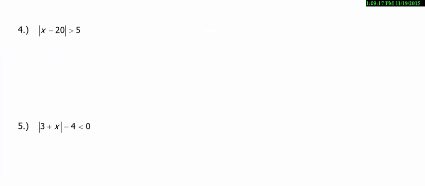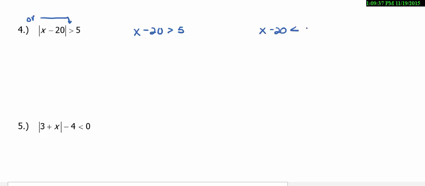Looking at number 4, it is a greater than symbol, so we know that this should be or for the compound inequality. We have our positive case after we drop the bars, x minus 20 is greater than 5. We have our negative case after we drop the bars, x minus 20 is less than negative 5. Then we go through and solve for x.